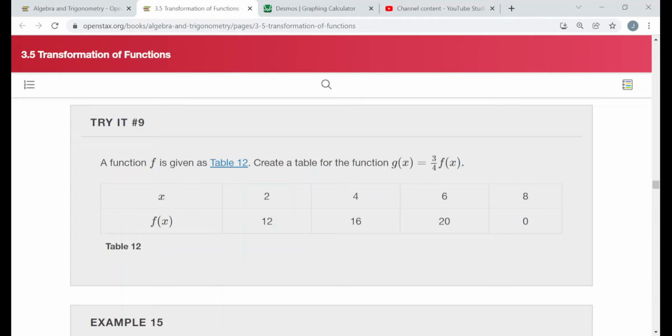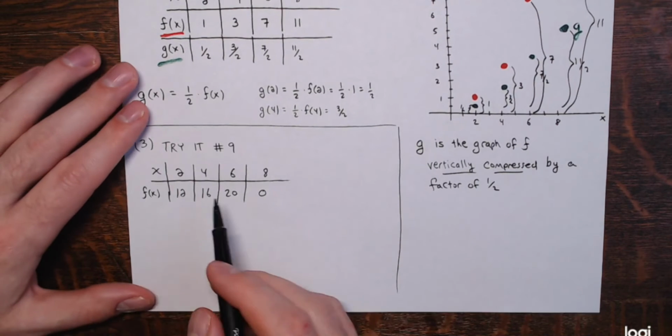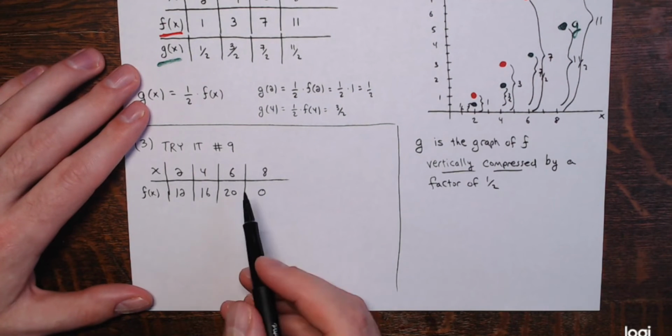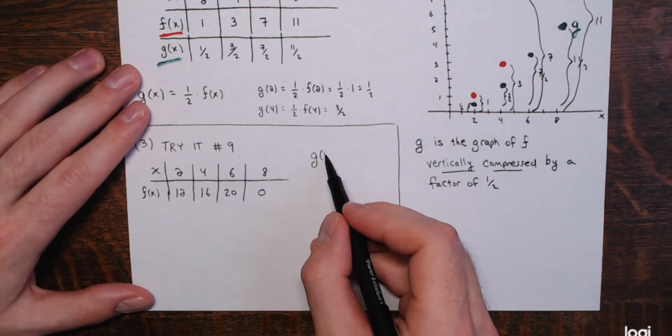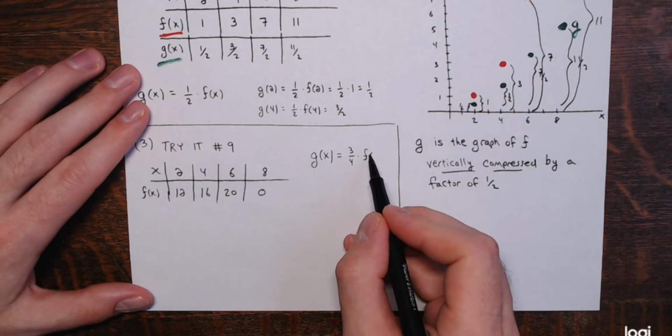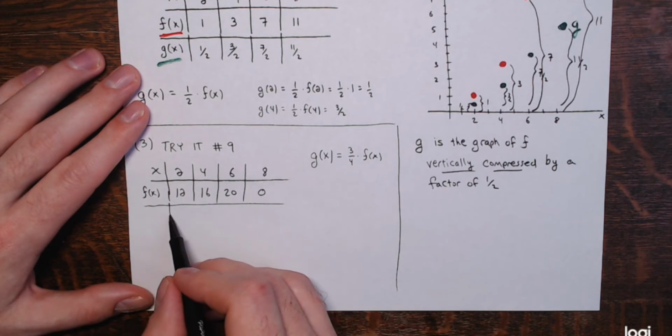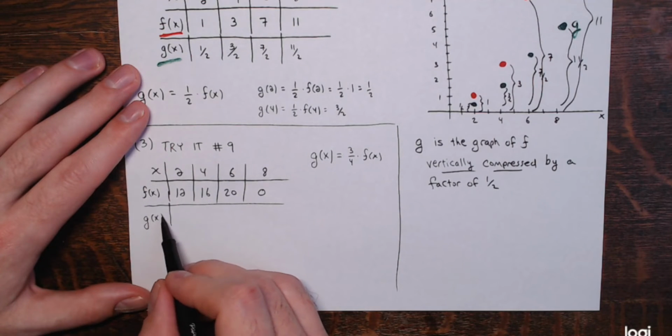Right, so again, I'm not going to draw these this time. I'll just write the table. So we're looking down here, and they told us g of x is 3/4 times f of x. So I'll make a little row here for g. What are the outputs of g when x is 2, 4, 6, and 8?